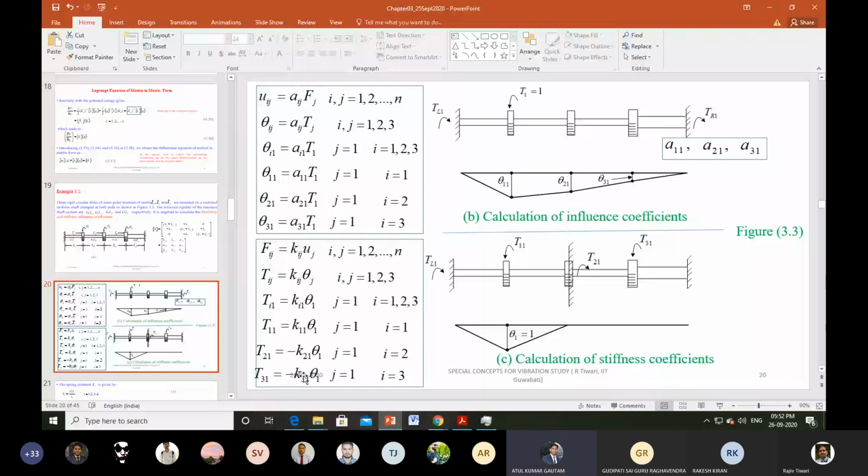But sir, if we are taking T32, then it will be negative. It will be positive. Actually, here there is no torque, so I should not have shown it directly. I could have put 0 here, because once I'm fixing this, this is 0. So this should have been 0 directly here. Okay, sir, thank you, sir.